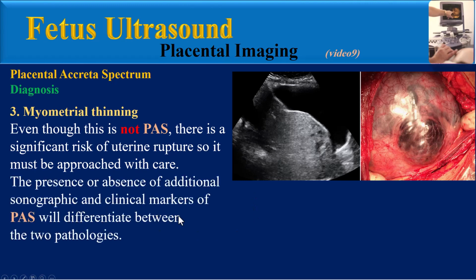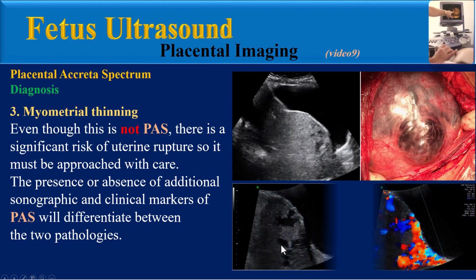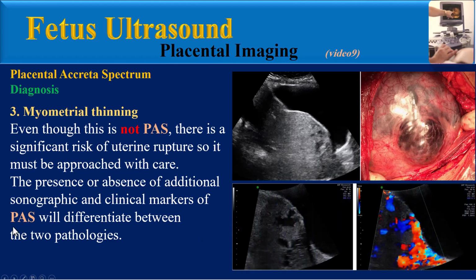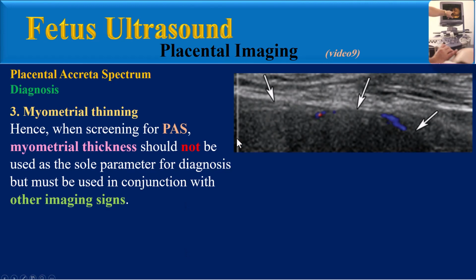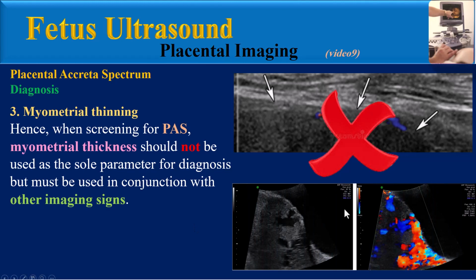The presence or absence of additional sonographic and clinical markers of placenta accreta spectrum will differentiate between the two pathologies. Hence, when screening for placenta accreta spectrum, myometrial thickness should not be used as the sole parameter for diagnosis, but must be used in conjunction with other imaging signs.